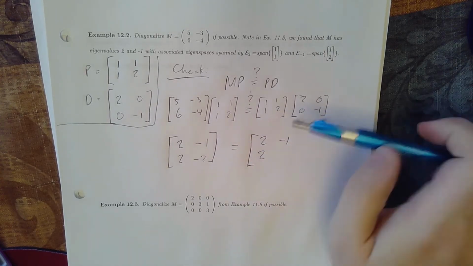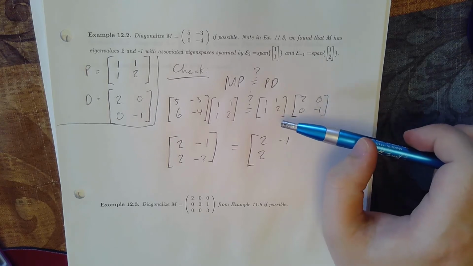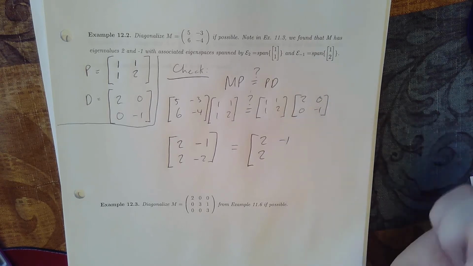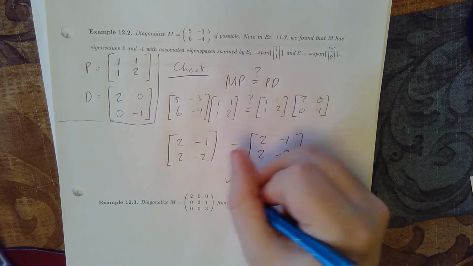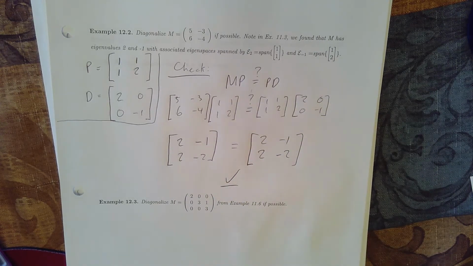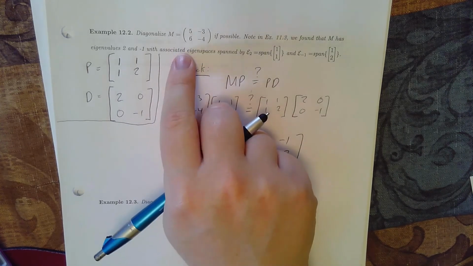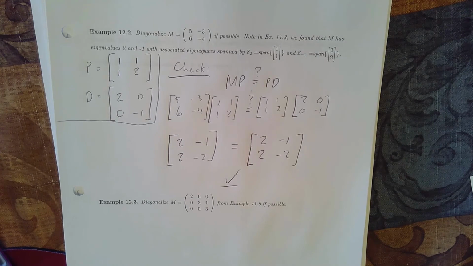And our last entry will come from 1 times 0 plus 2 times -1, so 0 minus 2 will be -2. So indeed, these two do match, and we've double-checked and verified that our matrix will be P times D times P inverse.